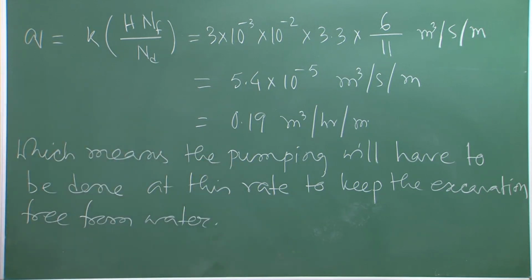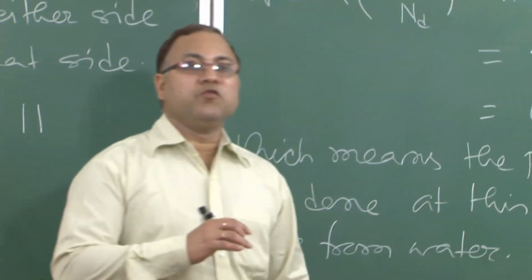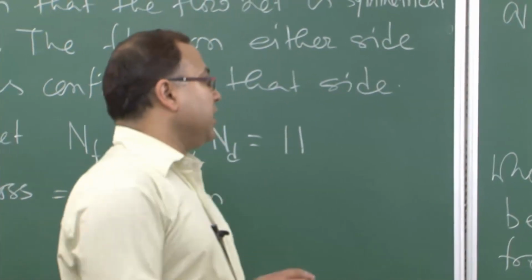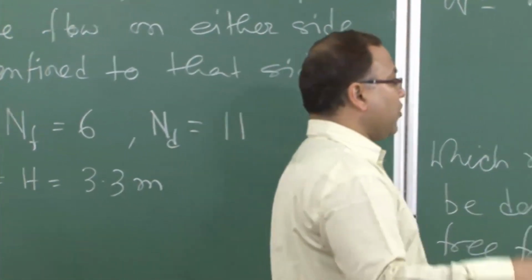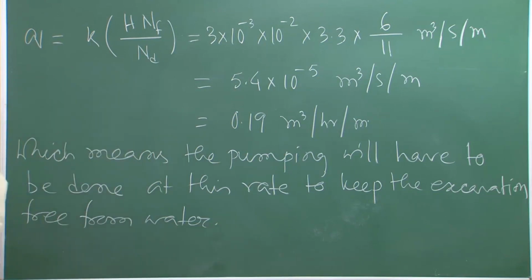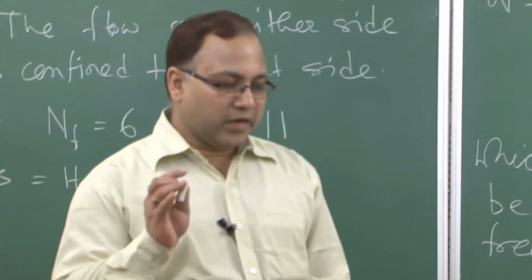That means, if you want dry working condition inside the cofferdam, and you do not allow any water level in the downstream side, you need to pump the water from the cofferdam at this rate, that is 0.19 meter cube per hour per meter width of the cofferdam.